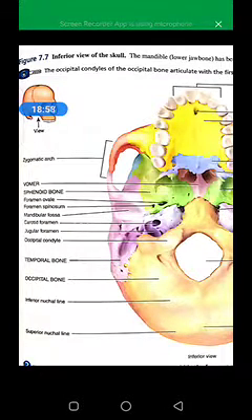Then there is the occipital condyle, which articulates with your atlas, the first cervical vertebra. So the occipital condyles are there. Okay, and below that there is the temporal occipital bone, and the inferior nuchal line and superior nuchal line. So this is the inferior view of your skull, the base of the skull.